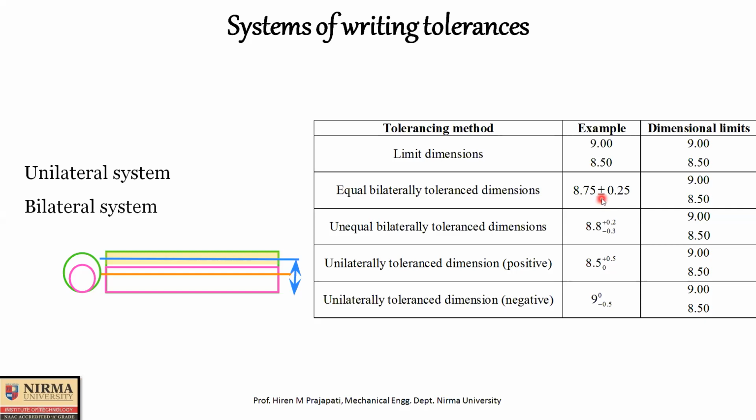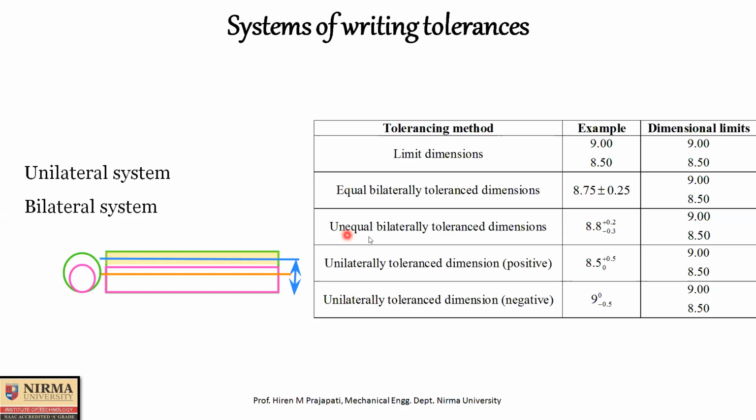The tolerance is equally split about the 8.75 mm basic size. Now let us find the limits. 8.75 plus 0.25 gives 9 mm, the upper limit. 8.75 minus 0.25 gives 8.50, the lower limit. So 0.25 is equally split on both sides.